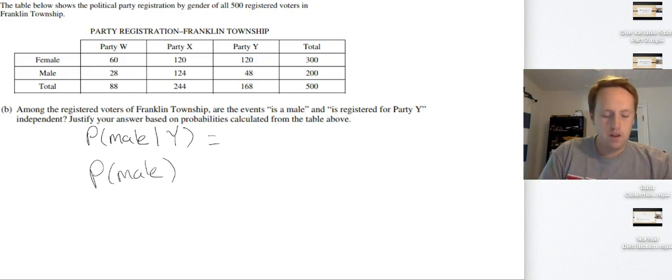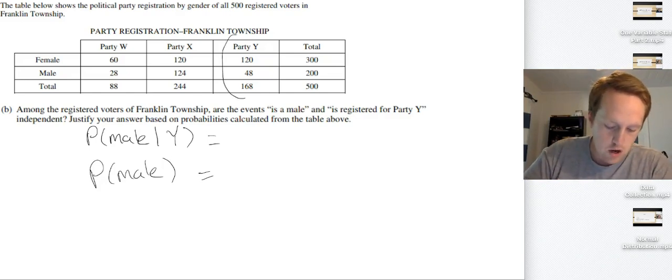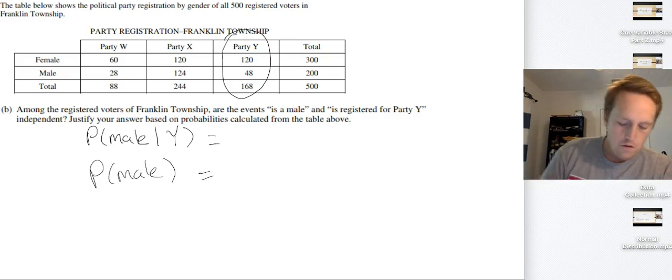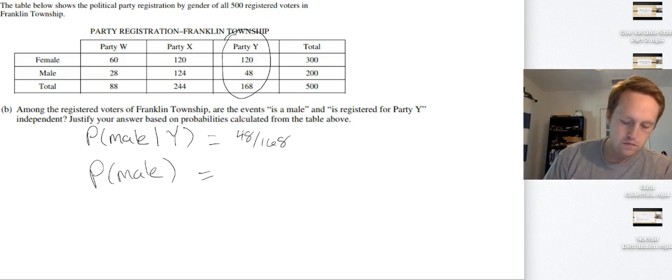So male given Y means I only care about if they're in party Y. 48 out of 168 are male. The probability of male in general is 200 out of 500.